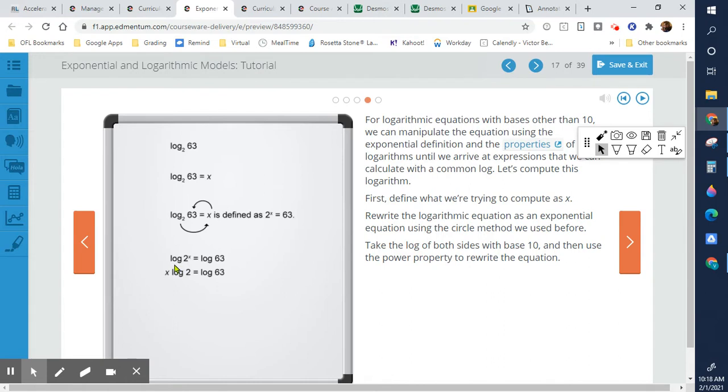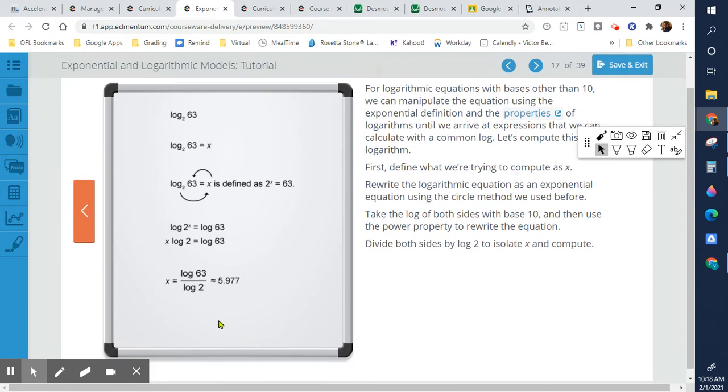Log base 10 of 2 to the x is equal to log base 10 of 6. Or as you see it in the calculator, log 2 to the x is equal to log 6. Well, from that point, what we can do is divide it.